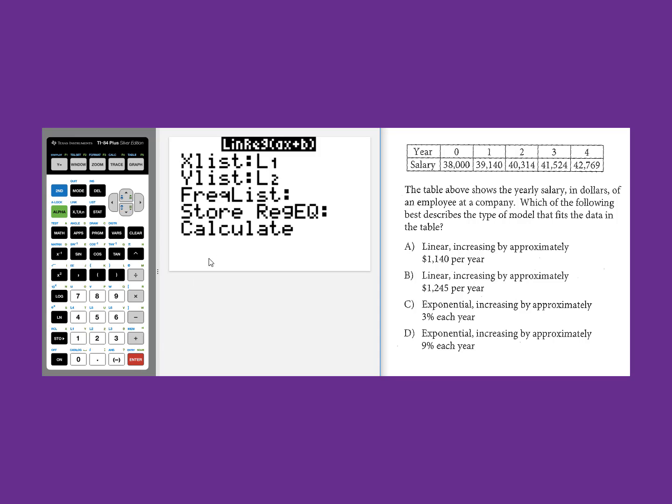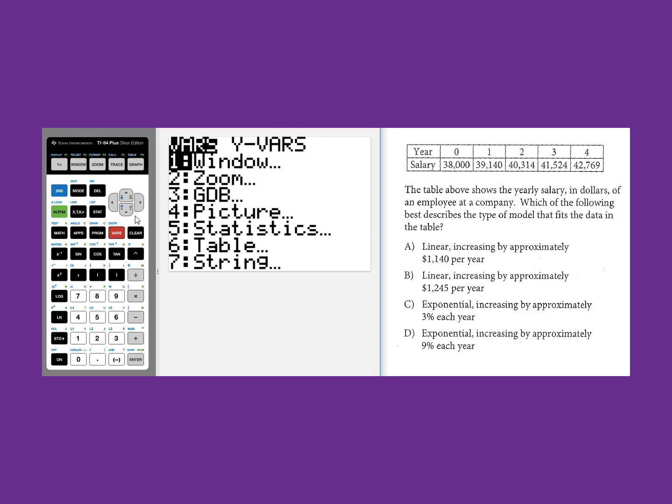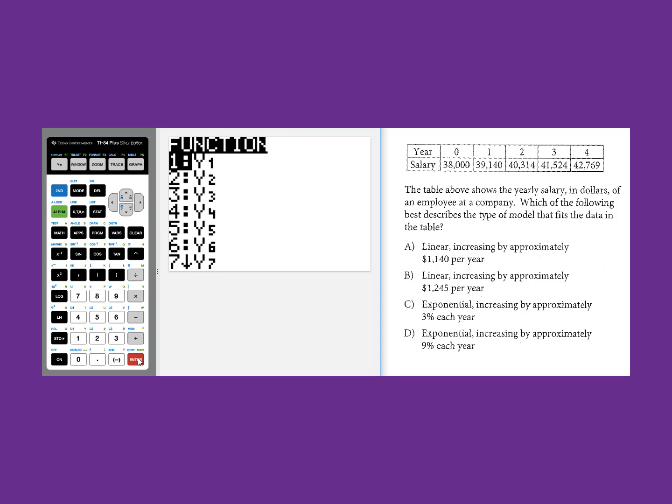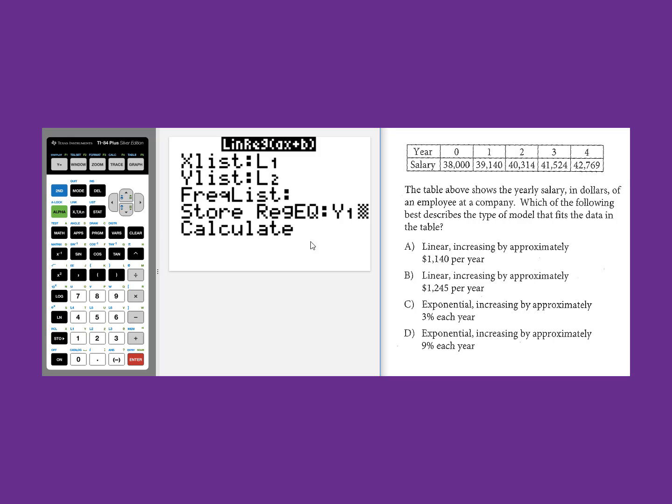Just forget about this FreqList. Go to Store RegEQ. That's Y1. So I go to Variable, Y variable, Enter. That's Y1. That means we store this regression equation in Y1. Then I press enter.